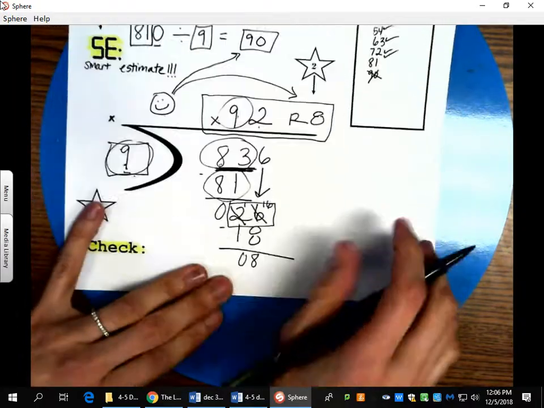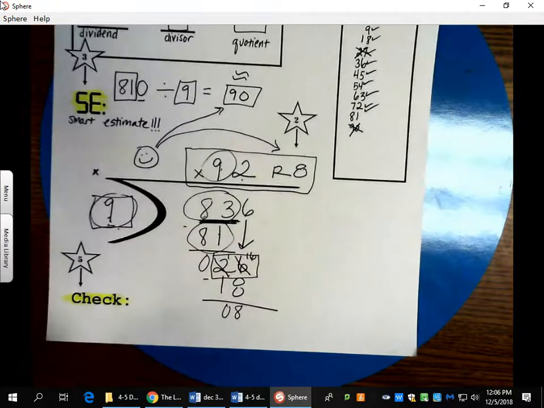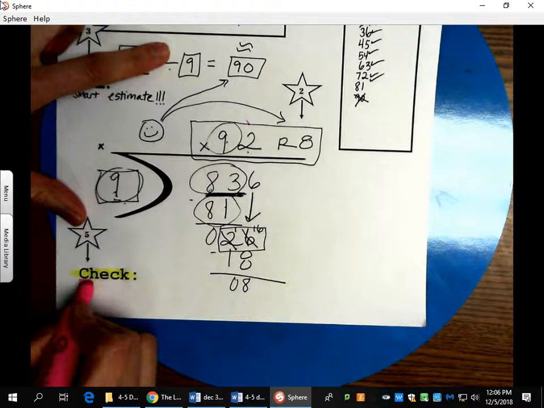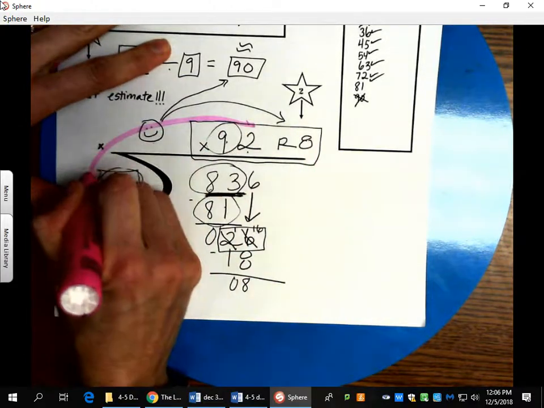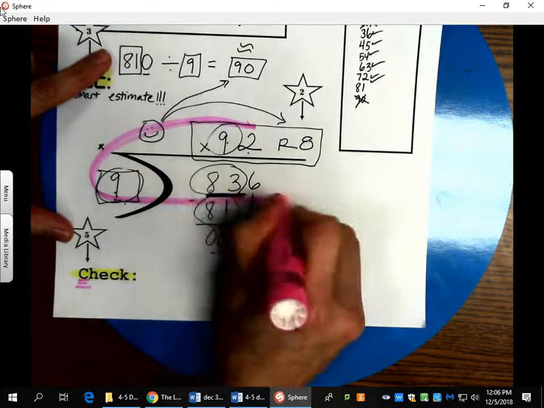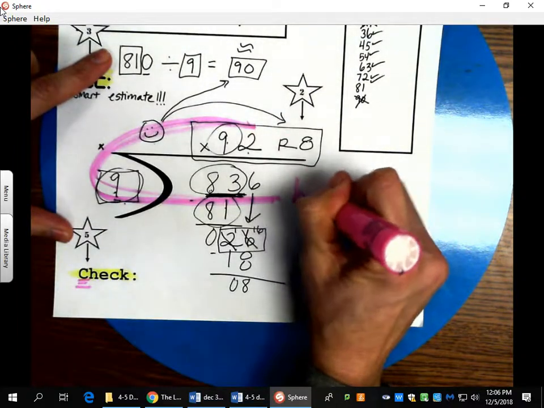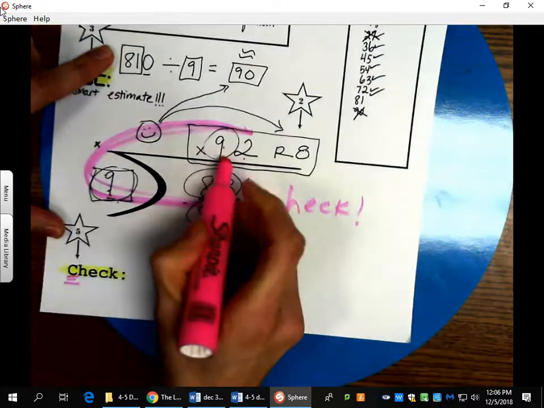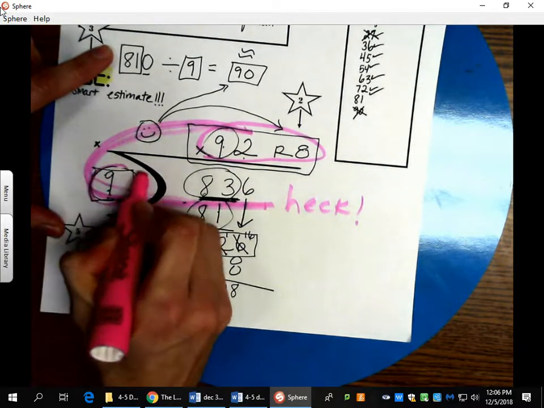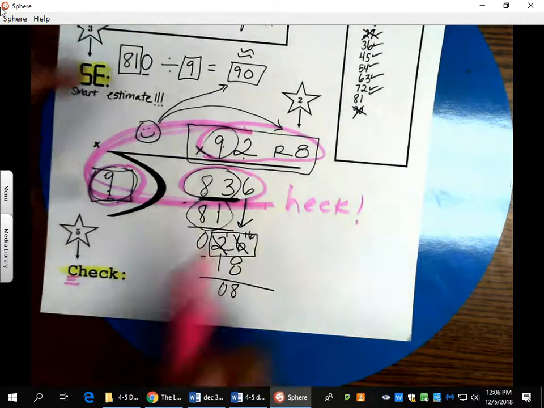Okay? So I always remember this. Somebody told me this once, I think, that the last step to check, make a big C. C for check. Do you see the big C there? C for check. Check your work. 92 remainder 8 times 9 better equal 836.